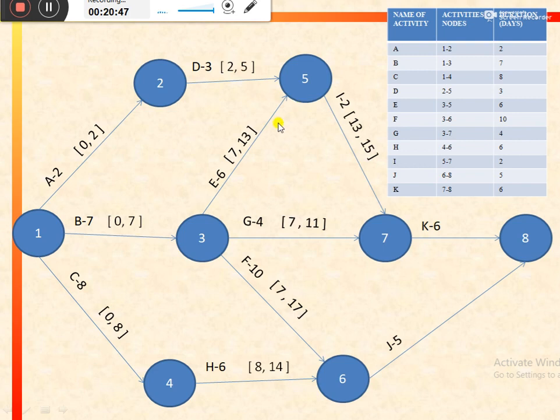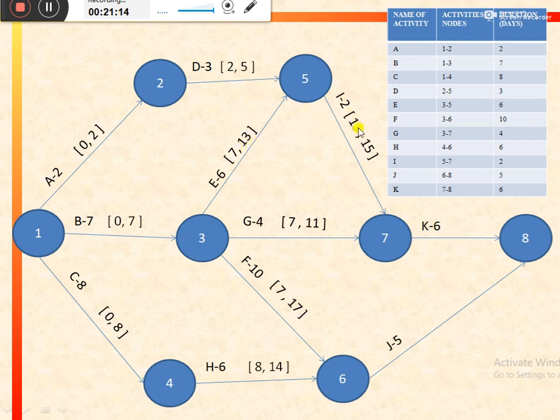In these type of situations, we would consider the highest earliest finish times of the preceding activities as the earliest starting time for the successor activity, that is activity I. So for activity I, the highest earliest finish of the preceding activities, that is equal to 13, would be the earliest starting point.